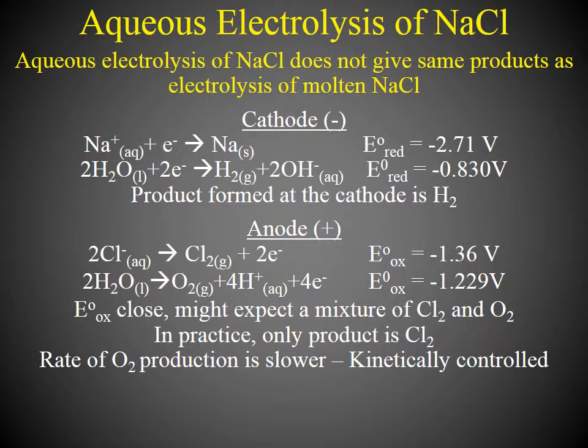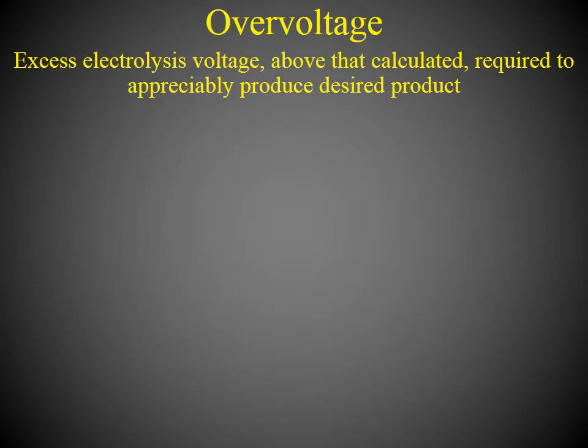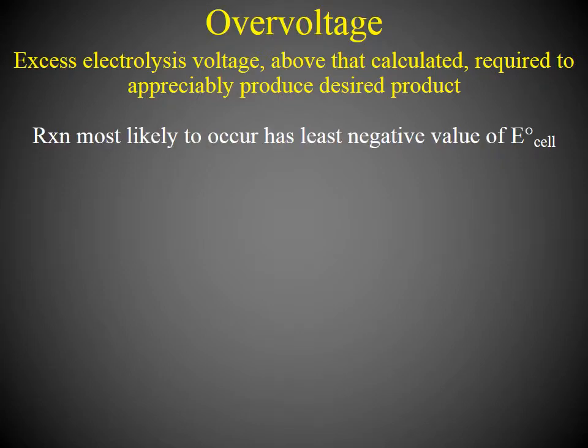And this factor brings up another point, which I'll treat in the coming slide. That concept, actually, that practice, which is called overvoltage, is the excess voltage that is required to be applied to the cell, to the electrolysis cell, in order to appreciably produce the desired product.